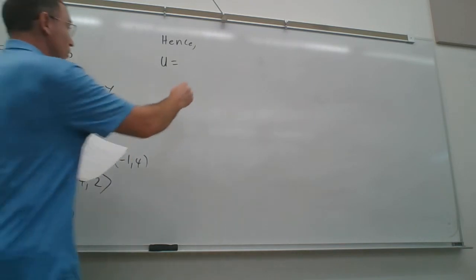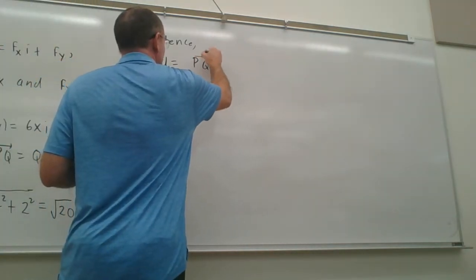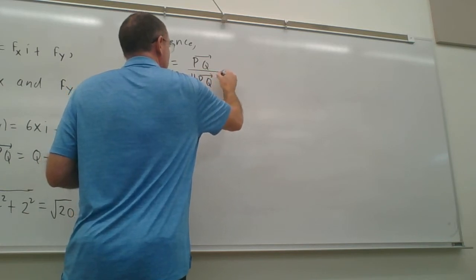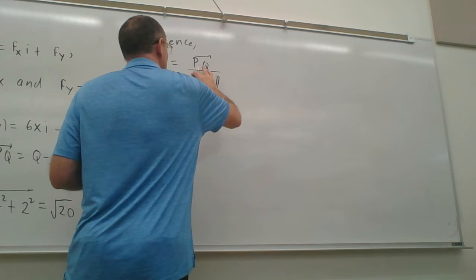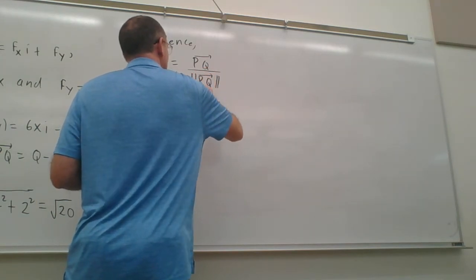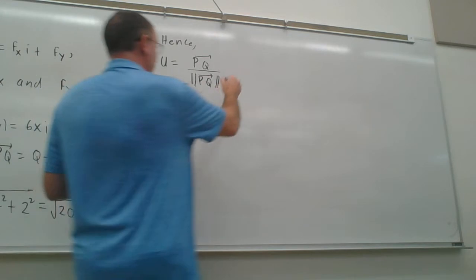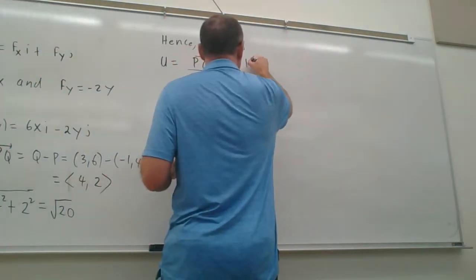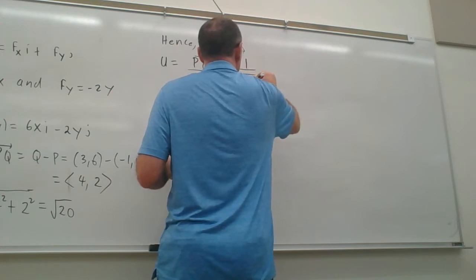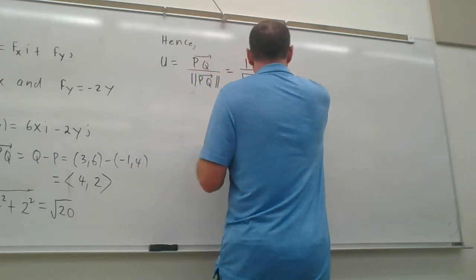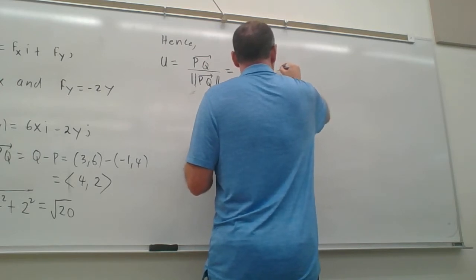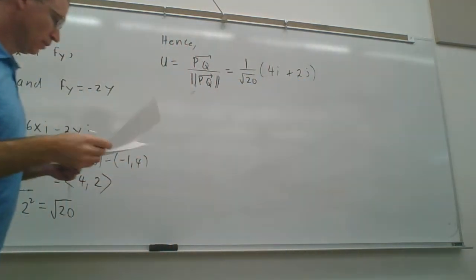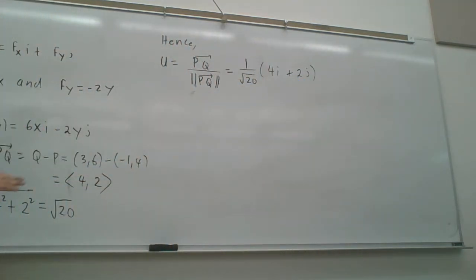To normalize, you just take our vector and divide by magnitude. So our magnitude is square root of 20, so it's going to be 1 over square root of 20 times our vector. Let's write it as 4i plus 2j. Okay, so that's our u.